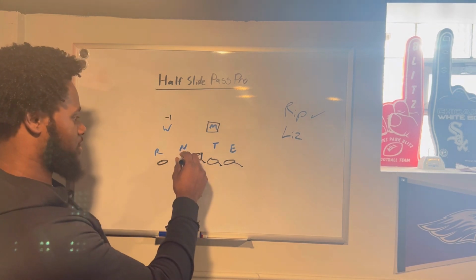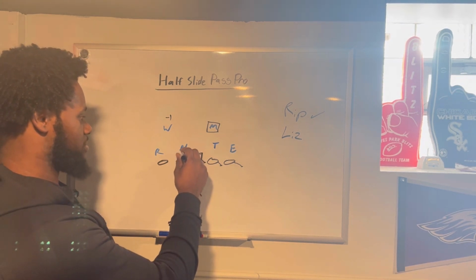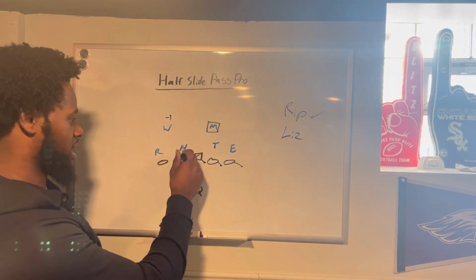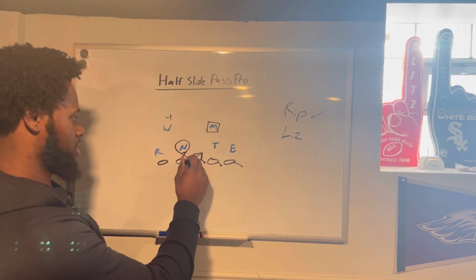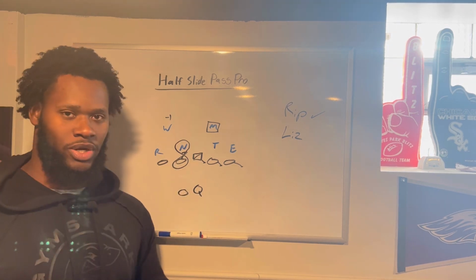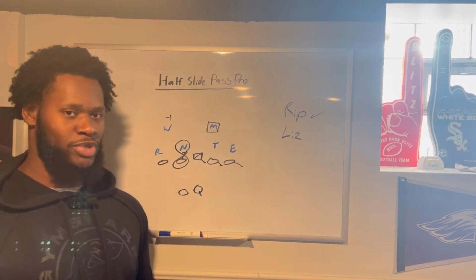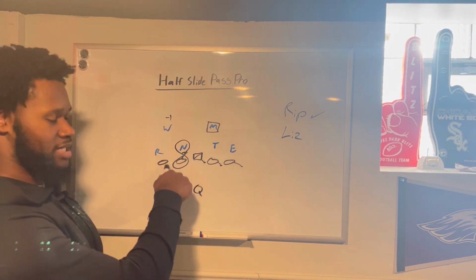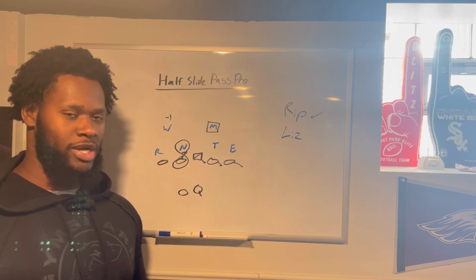But for this purpose, he's going to be manned up here against our nose guard. So I drew it kind of just man on man. I like to circle that when I'm drawing it and explaining it to the players so that they understand that no matter which gap this guy ends up taking, you're married to him no matter what.